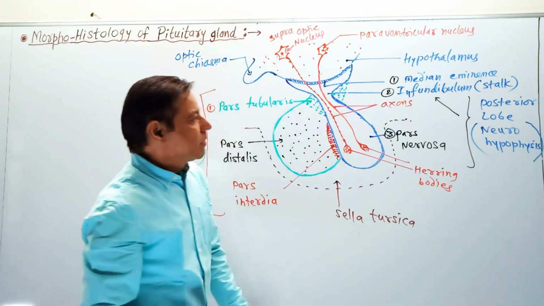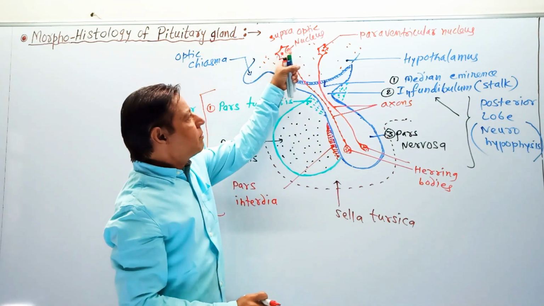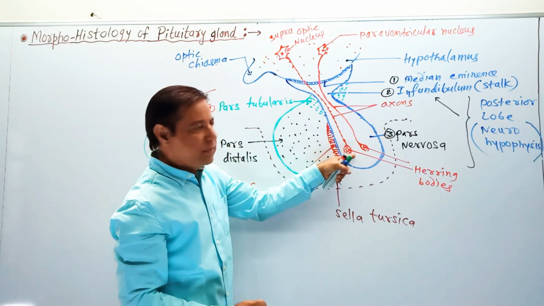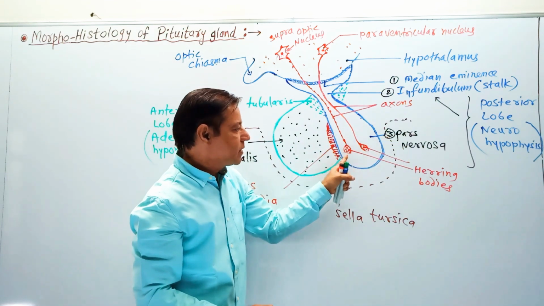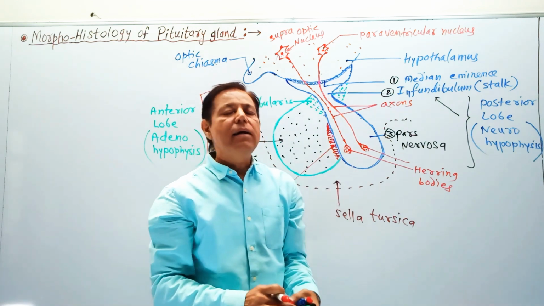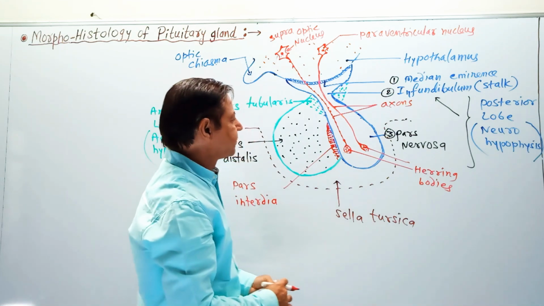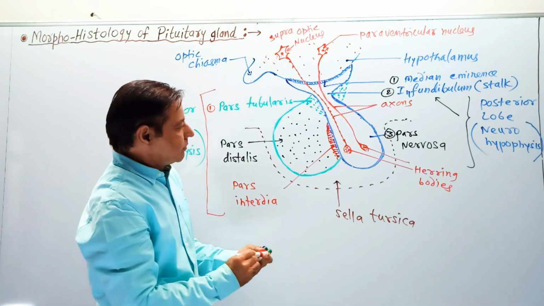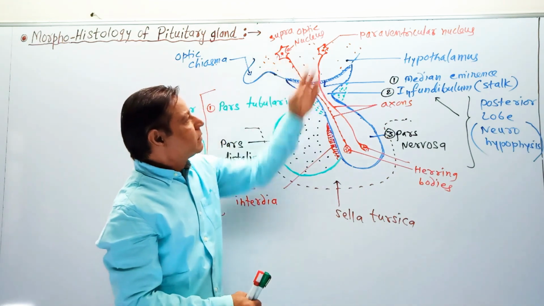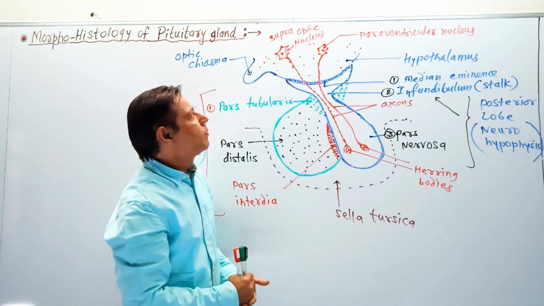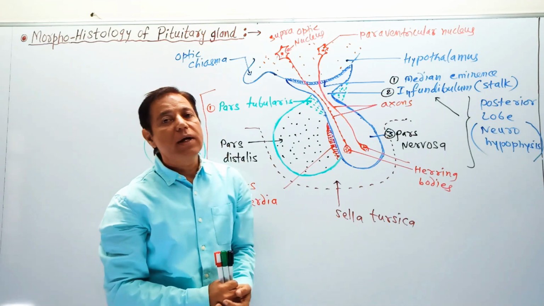Two hormones are brought from the hypothalamus to the pars nervosa of the neurohypophysis, called oxytocin and vasopressin. Vasopressin is also called ADH. Okay, now this is about the neurosecretory cells or nuclei, the supraoptic as well as paraventricular nuclei.